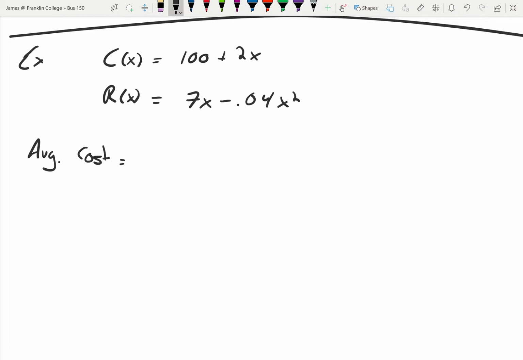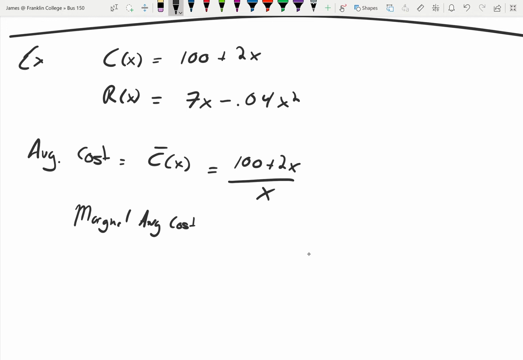That's C bar of x, which will equal C of x all divided by x. Alright, well, we can then figure out what the marginal average cost function is.